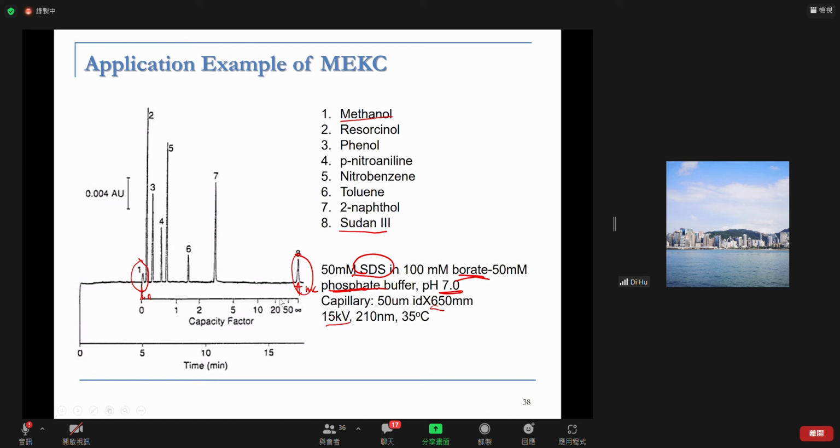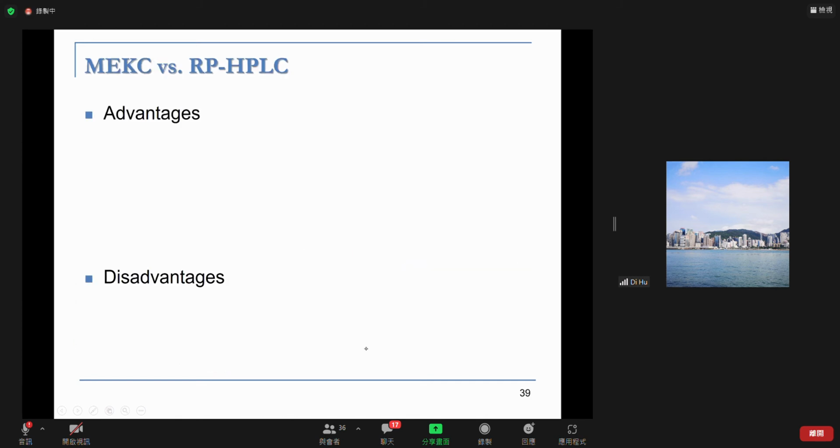Those compounds are with aromatic rings. If we compare micelle with reverse phase HPLC, we can see that micelle has much higher separation efficiency.